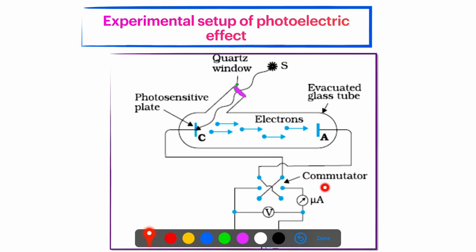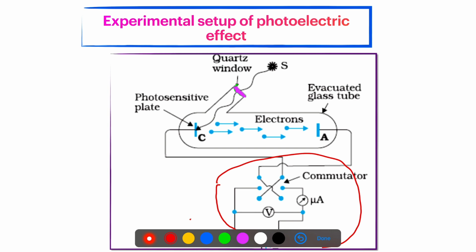To vary the potential between the emitter and the collector, there is a potential dividing arrangement, followed by the commutator key. This addition we will see afterward, but the observations they made would change the course of scientific history altogether.